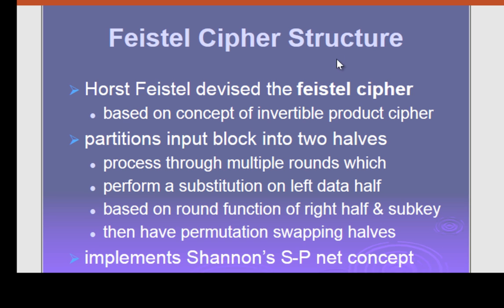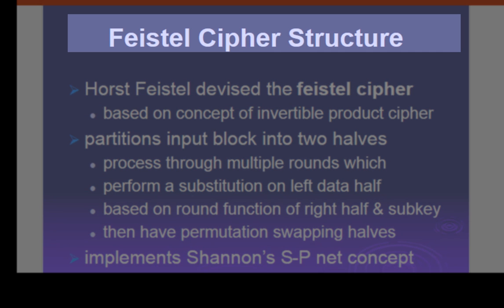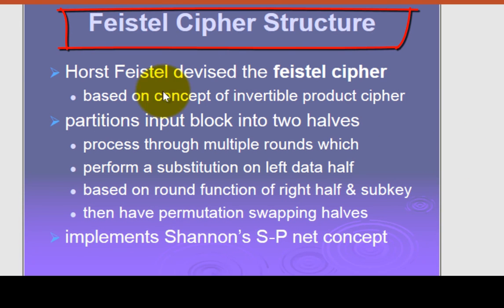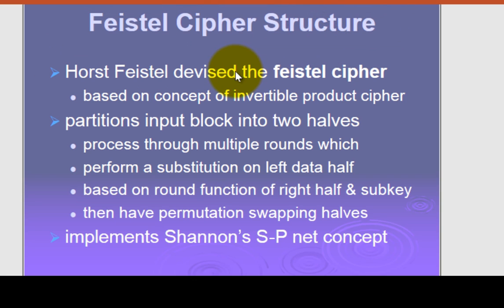Next concept is the Feistel cipher structure. This is a very popular cipher structure which is used in many cryptographic algorithms. It was devised by Horst Feistel, a scientist who invented this Feistel cipher.